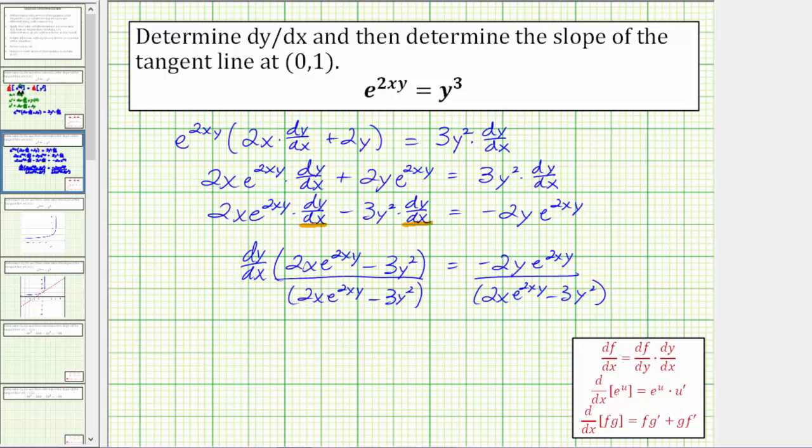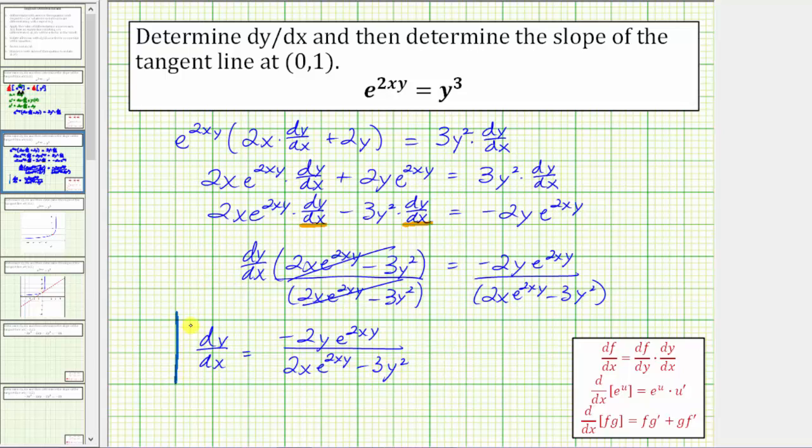And now we simplify. This quotient simplifies to 1, so now we know that dy/dx is equal to negative 2y e^(2xy) divided by the quantity 2x e^(2xy) minus 3y squared. So this is the first part of the question.